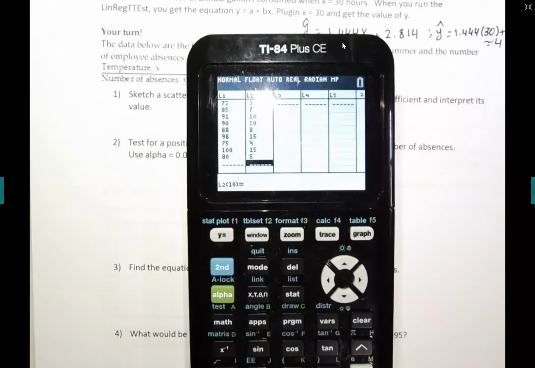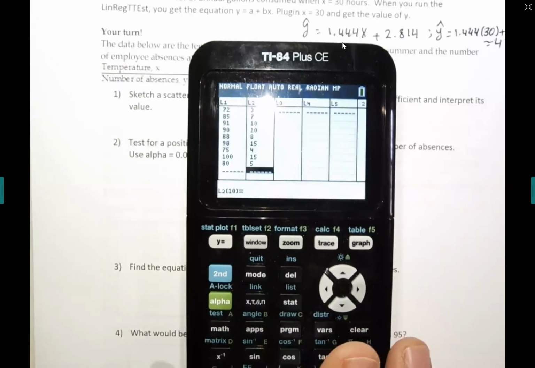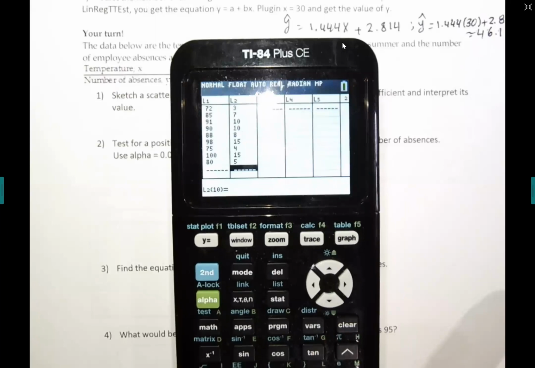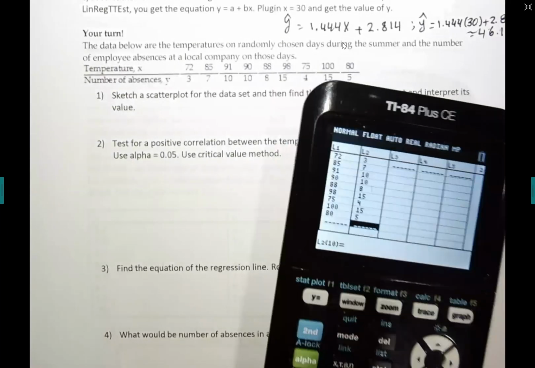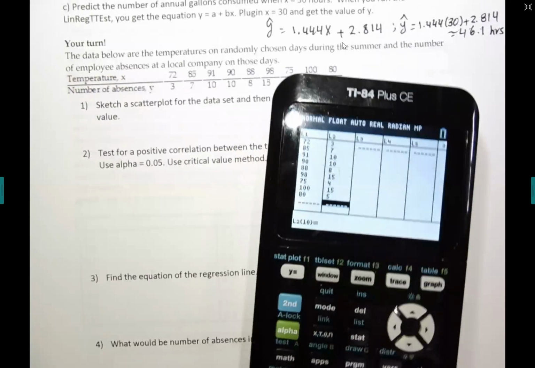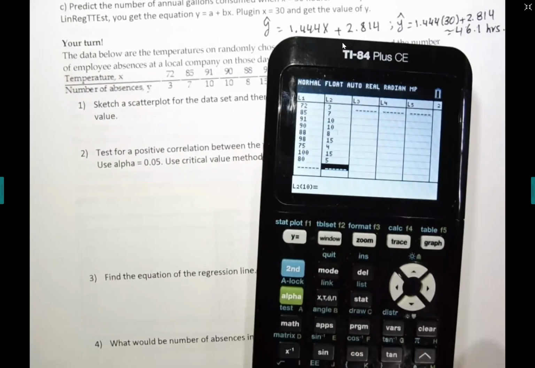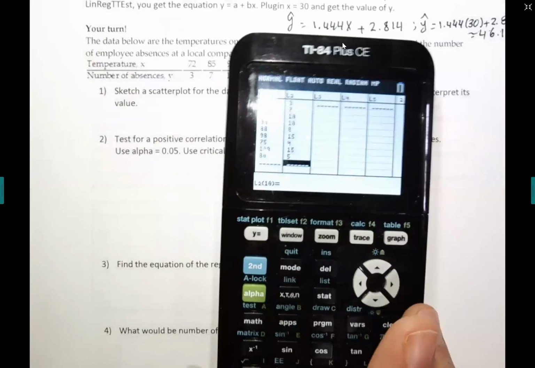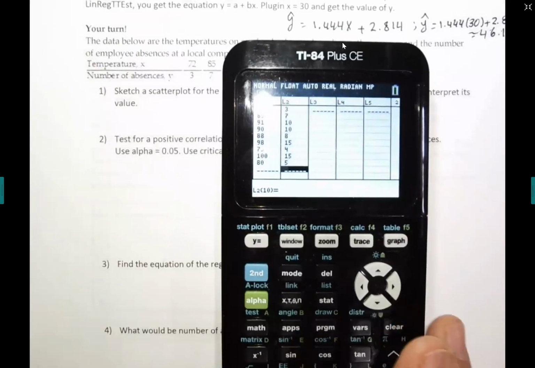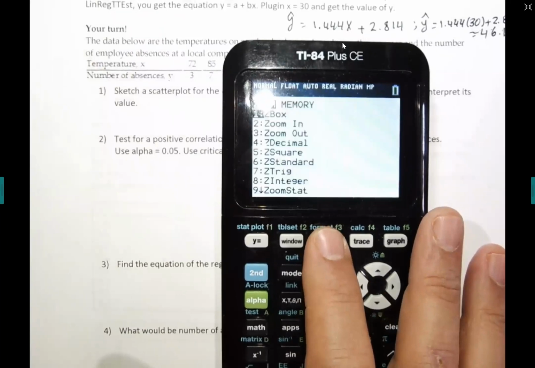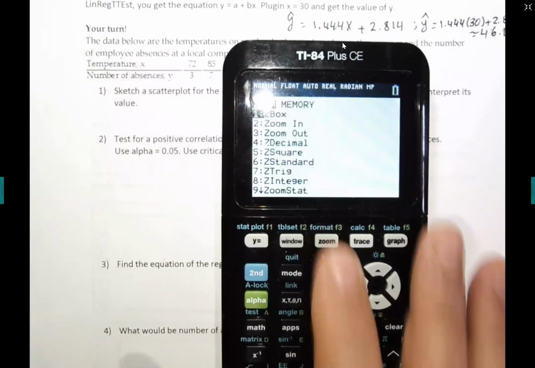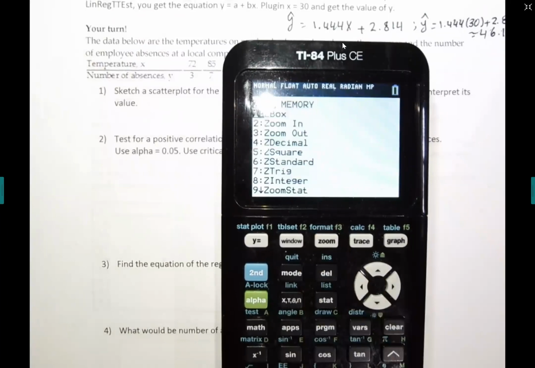So your turn, blank. I didn't put any answers there. You're going to help me, guys, with this. Sketch a scatter plot for the data set and find R and interpret its value. So I wanted to sketch it just for the sake of having a visual there. So how do you sketch it? You just press zoom and then what? What's the magic number, guys? You should know by now.